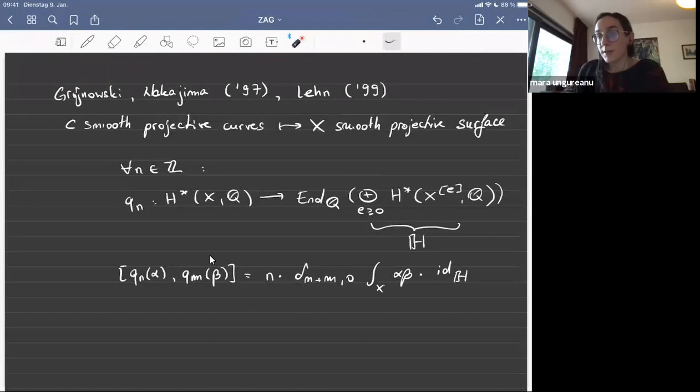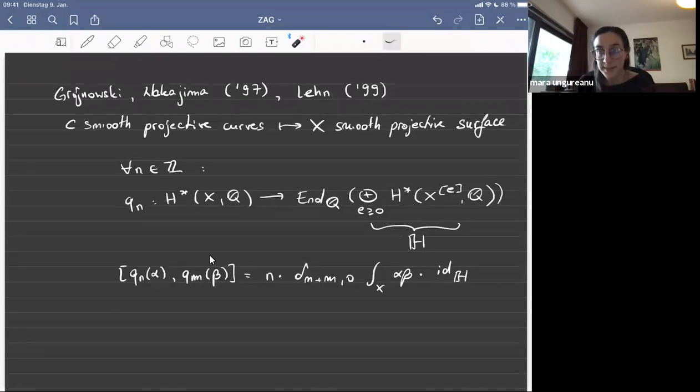And then once you do that, physicists would say that, of course, that's true. But once you do that, you can also repackage all of these Q_n into a Virasoro algebra. You can take products of them and so on until you get a Lie algebra that has a certain commutation relation, and which by the way is also very important in conformal field theories.